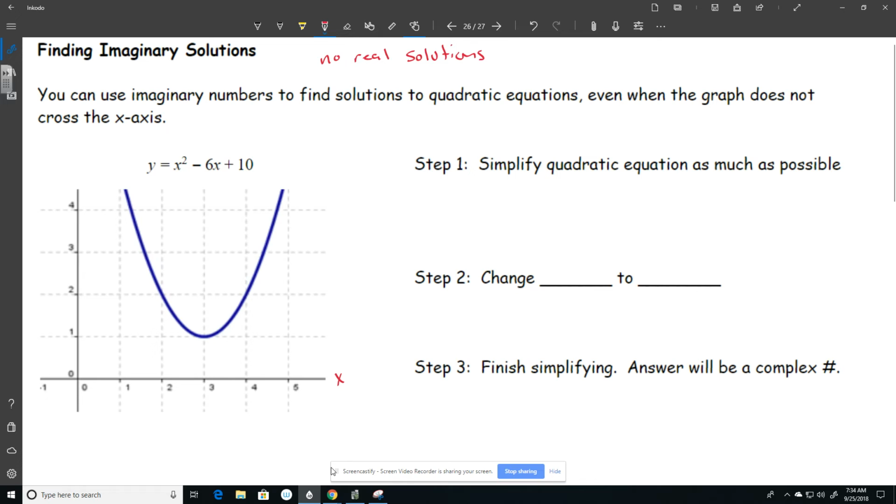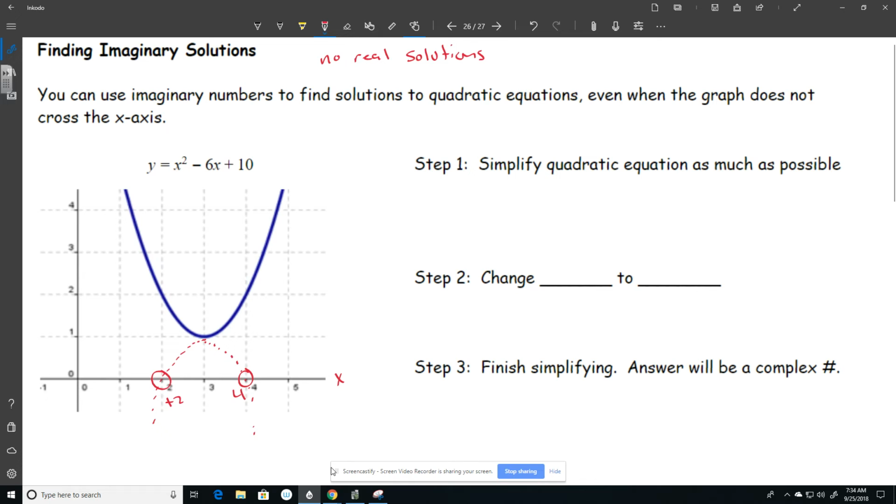They're just imaginary. What we kind of do is we imagine that if we were to flip this over, we cross the x-axis right here and right here at +2 and at 4. I can't just say that my answer is 2 and 4, because it's not. This is an imaginary graph that I made up.